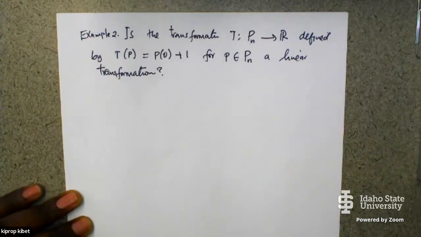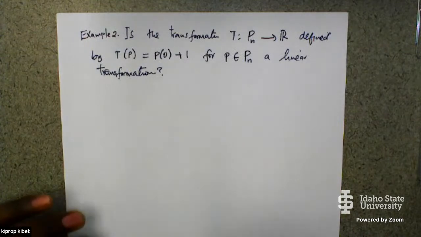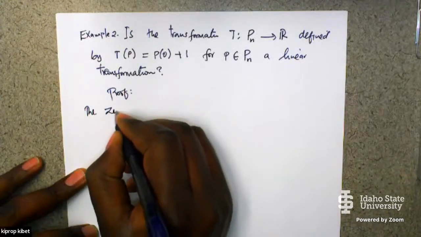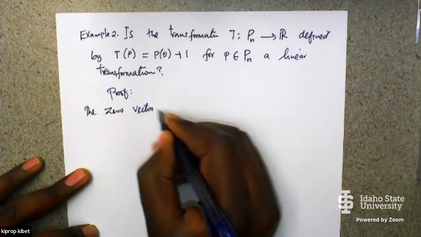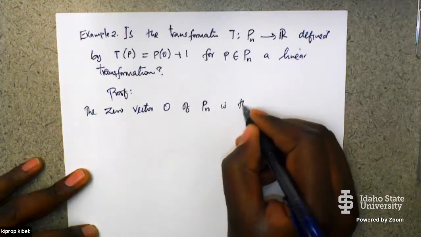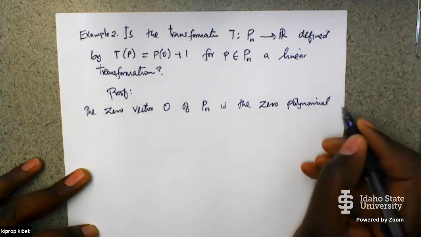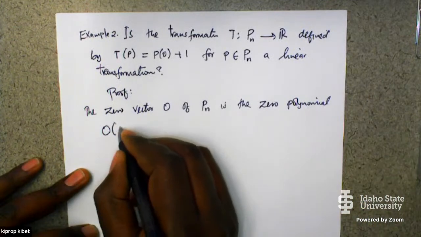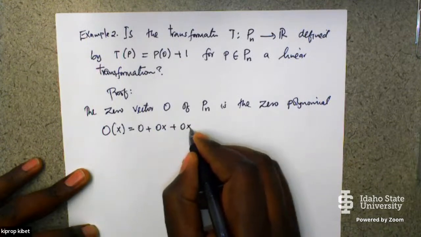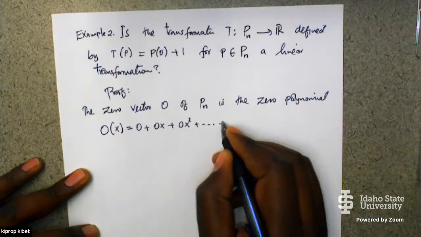So we can start by using the subspace test. So we can say the zero vector, which is 0 of Pn, is the zero polynomial, where 0 of x equals 0 plus 0x plus 0x squared plus up to 0x^(n-1) plus 0x^n.